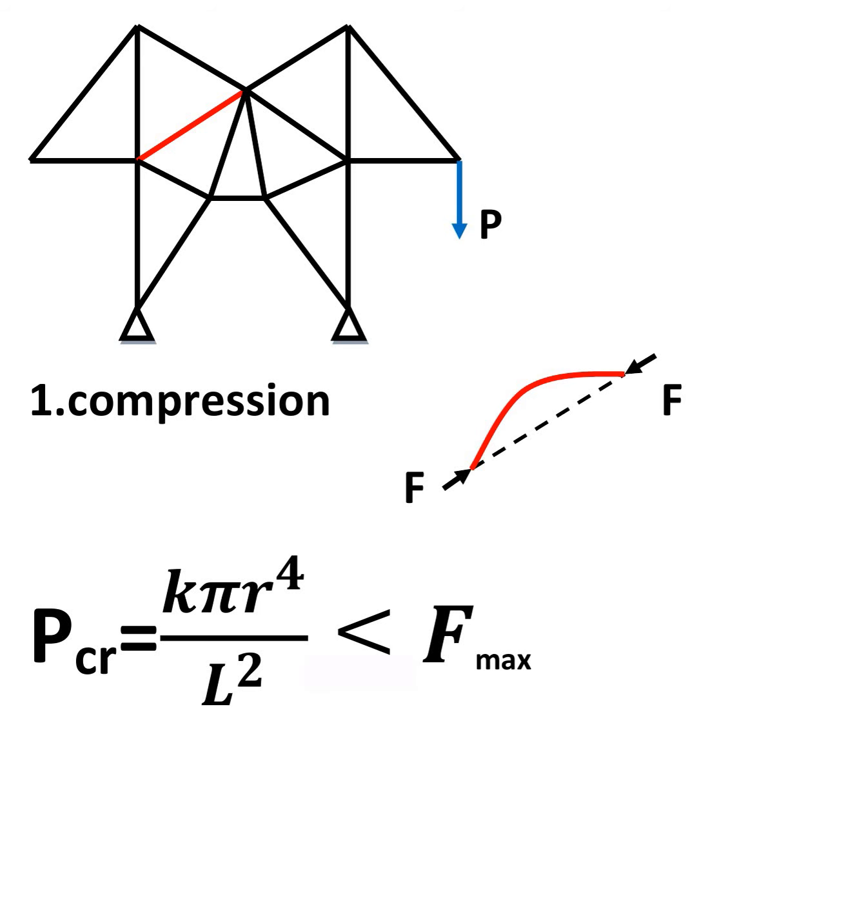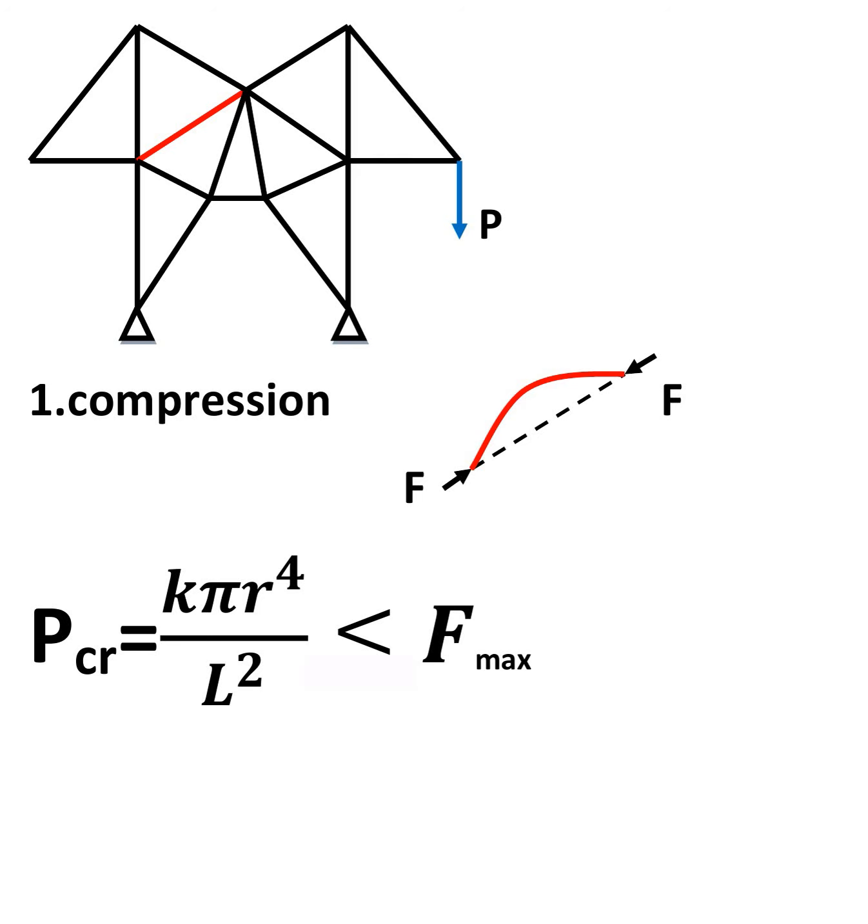Okay, so we could not reduce Fmax, but we could increase the critical load. So Fmax becomes again smaller than it. Here, K and pi are constants.